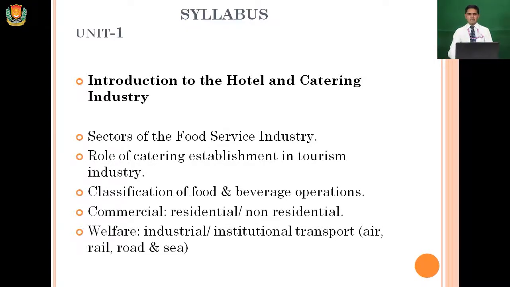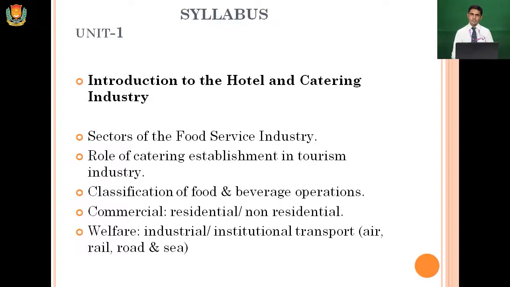Now I am going to move to our syllabus, what we learn in this first semester. The syllabus is divided into units. We have 5 units. In unit 1, the topic is introduction to the hotel and catering industry.